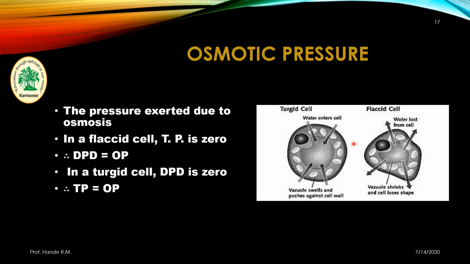Osmotic pressure means the pressure exerted due to osmosis. This is a flaccid cell. Flaccid cell means a shrinking cell.